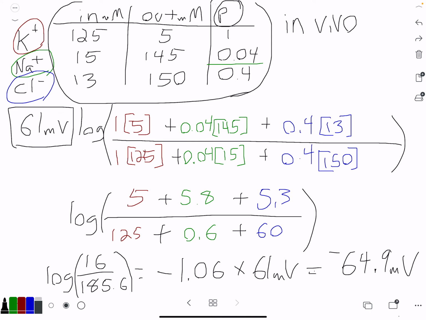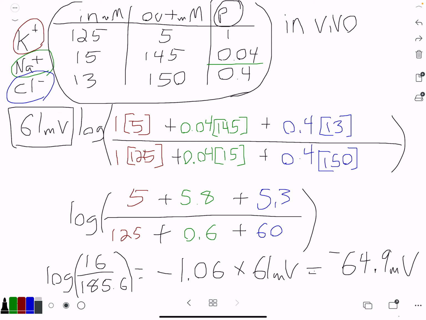Now, if you take a look at sodium, we can almost neglect it here because its permeability is so small, it's going to have a negligible movement. Chloride is kind of close to half, so you can think about what's going to happen to chloride. There's more chloride on the outside of the cell, so it's going to move down its concentration gradient and go into the cell. And every time chloride moves from the outside to the inside, it's taking a negative charge with it. So the outside becomes a little less negative or more positive, and the inside becomes more negative or less positive.